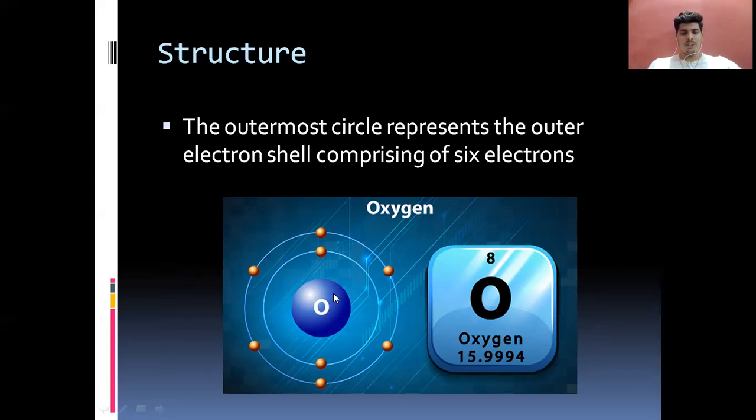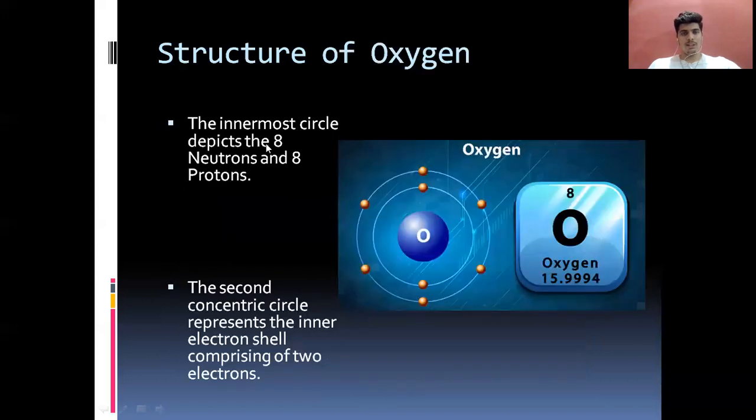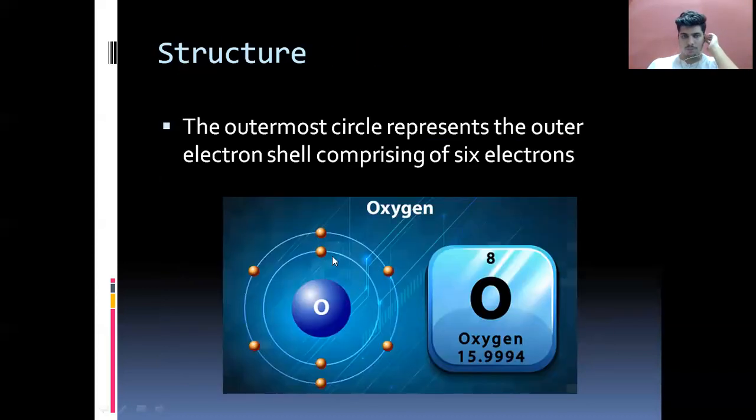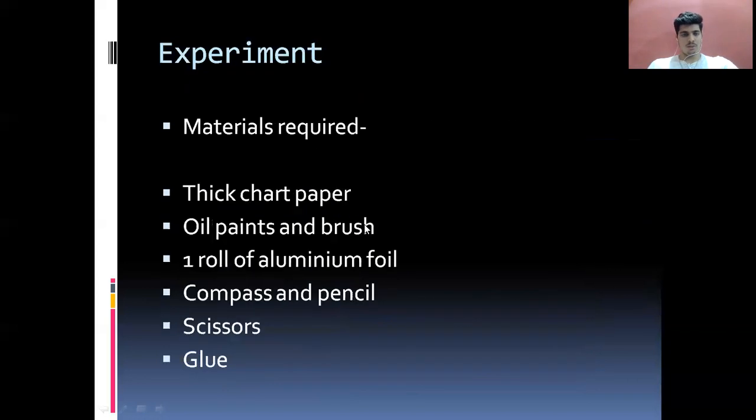Here we have 16 small balls inside, which represent the 8 neutrons and 8 protons inside the nucleus. And we have made a structure where the two electrons in the innermost circle are diametrically opposite to each other, and the six are at the outermost circumference.